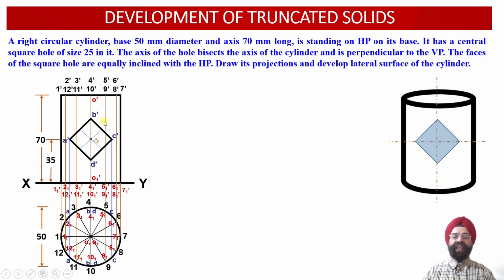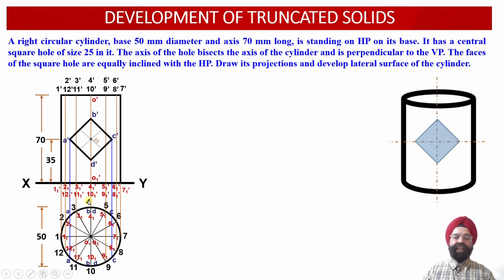And another thing we can observe is that these two corner points corresponding to the square hole, B dash and D dash, are going to coincide with each other when we look at these 2 points from the top view projection. So we are going to obtain the coincidence of these 2 points of intersection, that is, B dash and D dash, in the top view projections corresponding to the vertical generators 4-4-1 and 10-10-1 over here.